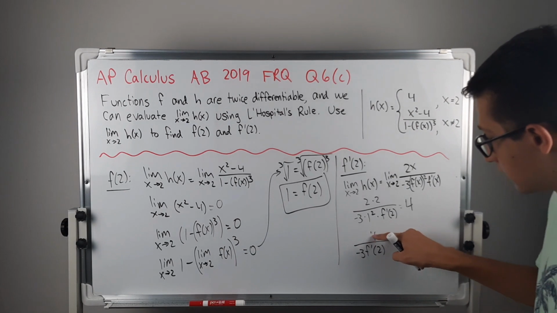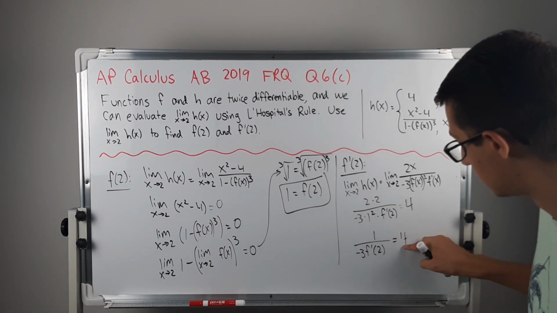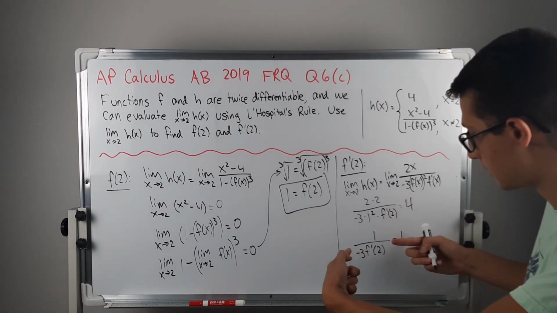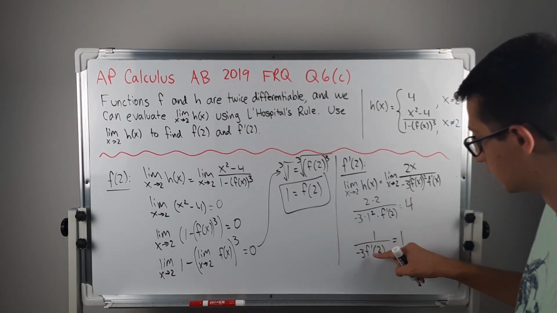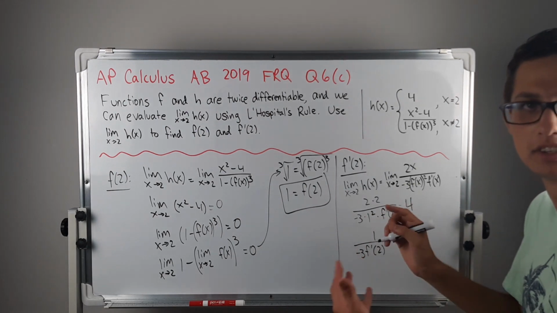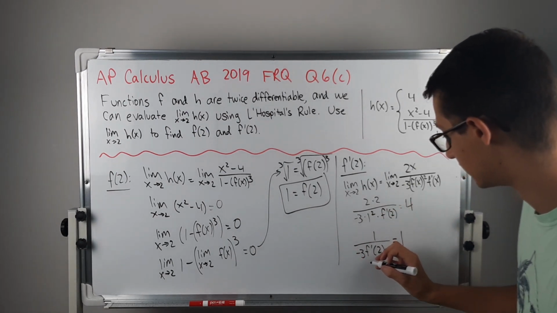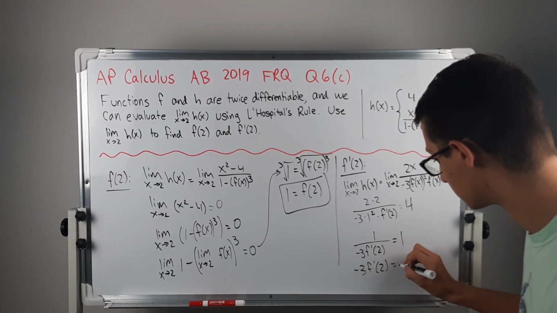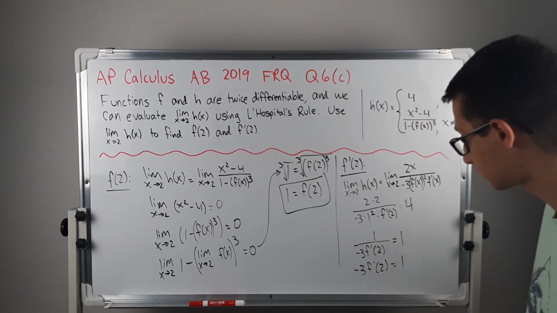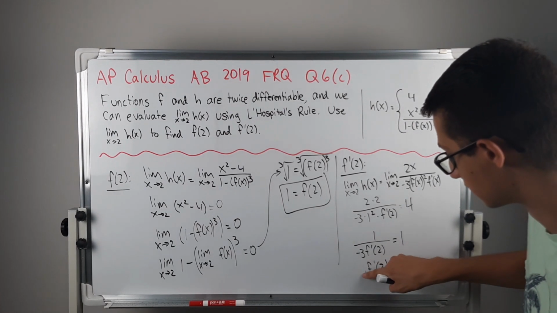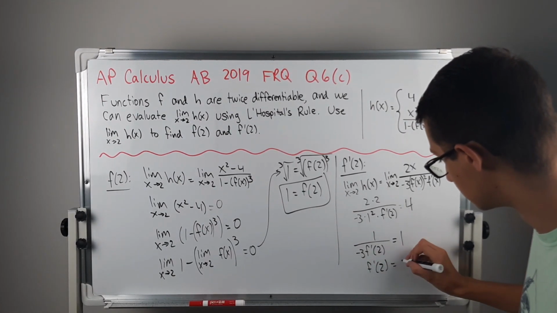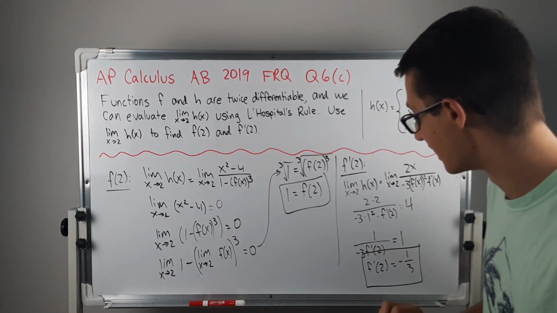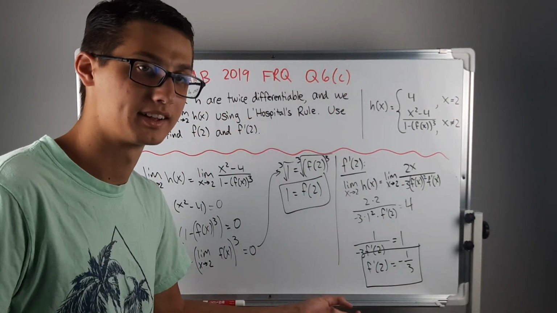Then we can divide both sides by 4, so we get 1 on each side. Then I'm going to flip both of the fractions, so take each to the negative 1 power. Then we get negative 3 f prime of 2 is equal to 1 over 1, which is just 1. Then we divide both sides by negative 3, so we get negative 1/3. So f prime of 2 is negative 1/3.